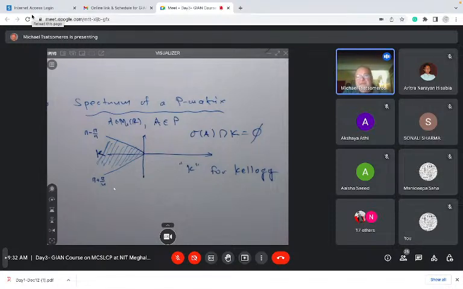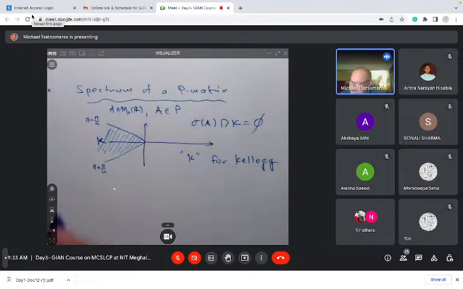This is a property that's a consequence of being a P matrix, but there are more matrices that satisfy this. So let me write this down.